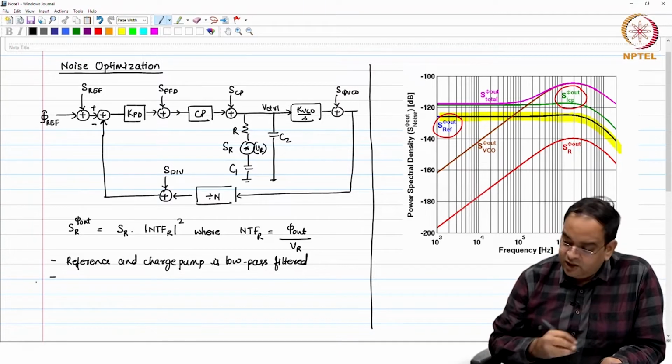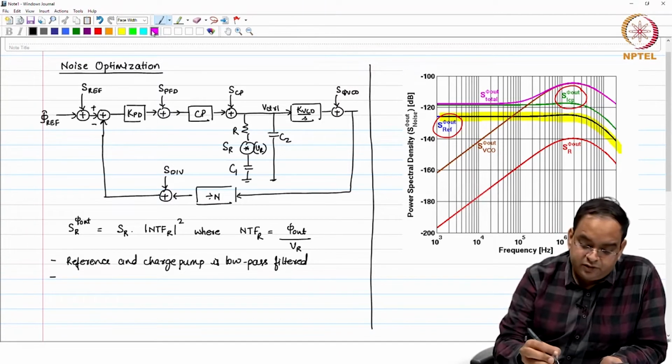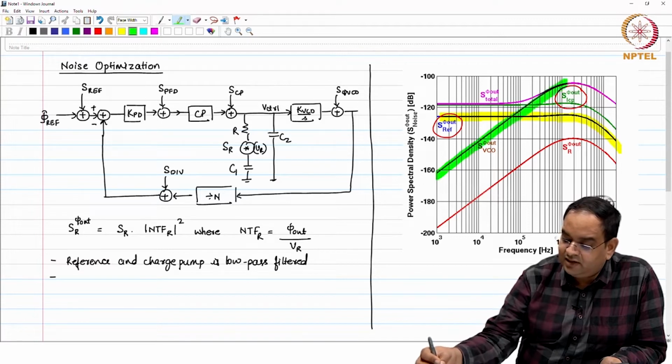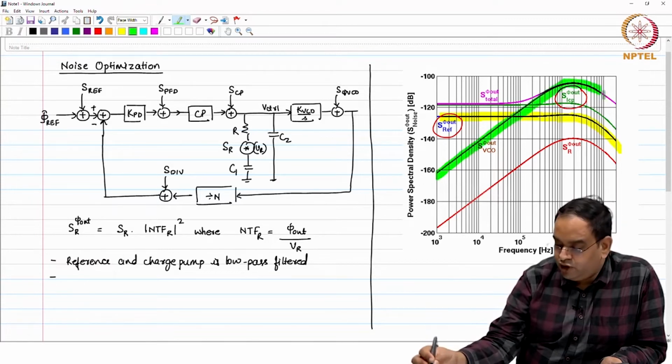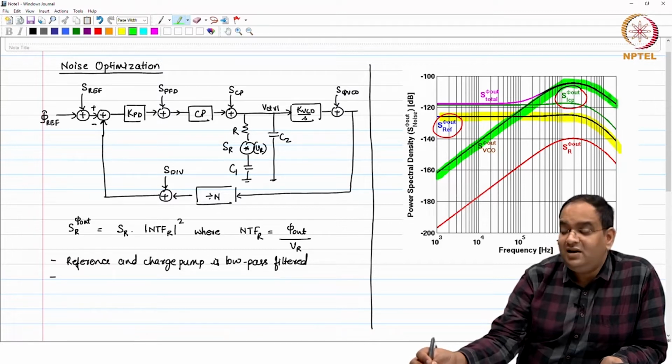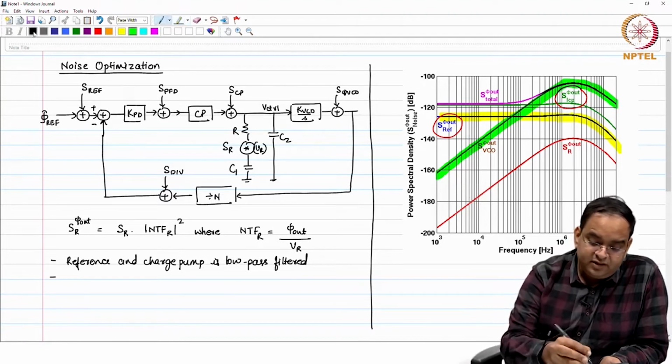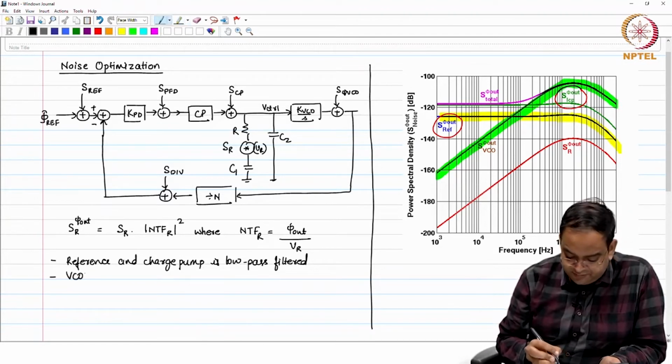Second, you look at the VCO noise. The VCO noise is actually high pass filtered, and if you look at it, it is like this. What you are seeing at the higher frequency is because of the noise profile itself. So, VCO noise is high pass filtered.